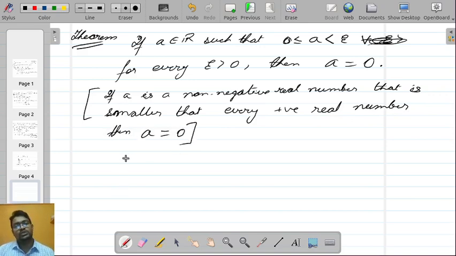So 0 is the only non-negative real number which is smaller than every positive real number. We can have this as less than or equal to epsilon also, that's not a problem. So let us maintain one standard. We'll just consider strictly less than epsilon.